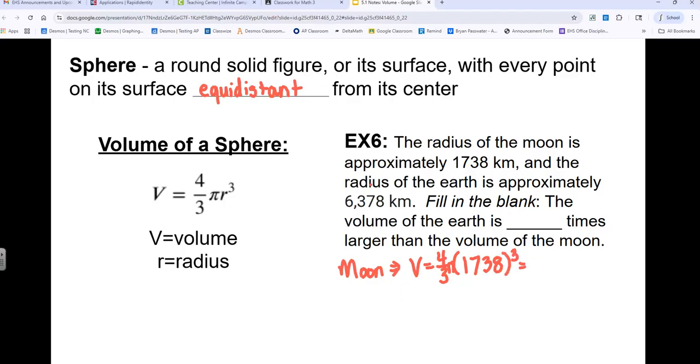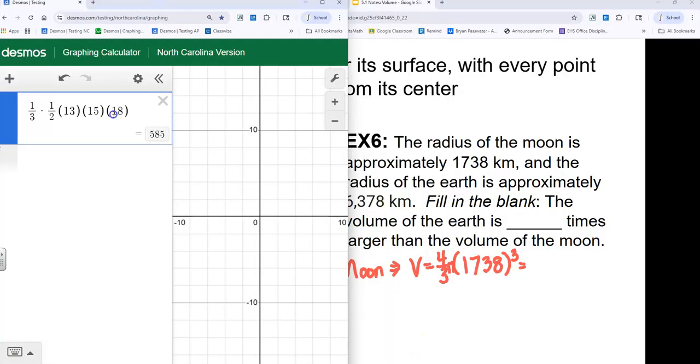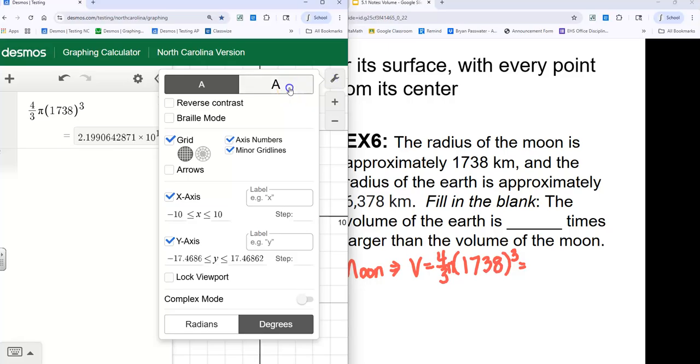And we are going to type that into Desmos. Definitely way too big to do by hand. All right, so we're getting a crazy looking number. What is the calculator doing right there?